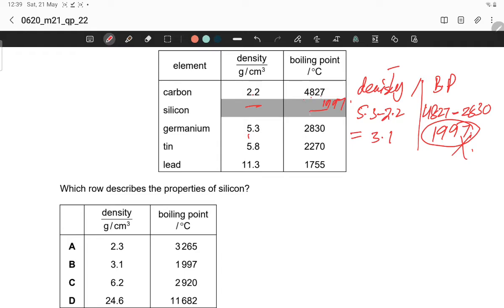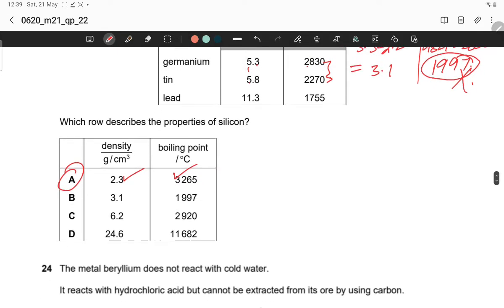Option 3 is possible, because 4827 and 2830 difference is not too high, so it can be this option. We can go with this option, and 2.3 is the boiling point, because 5.3 and 5 point not big difference, 3.1 is big difference between 2.2 and second reading is 3.1. So A option is correct, must be correct.